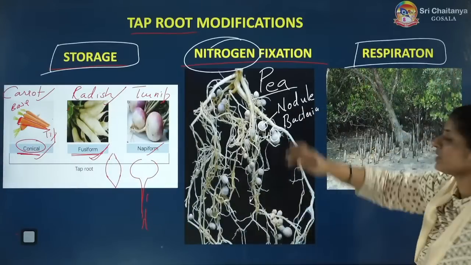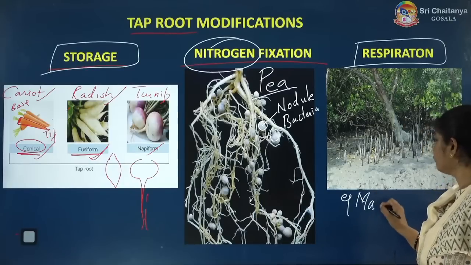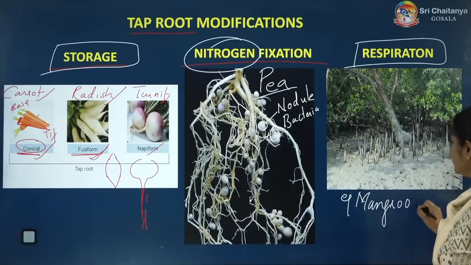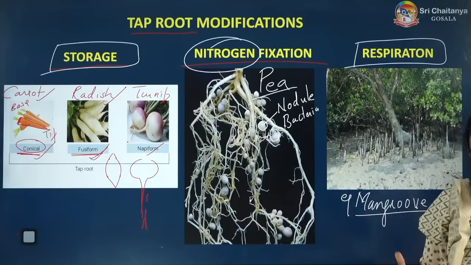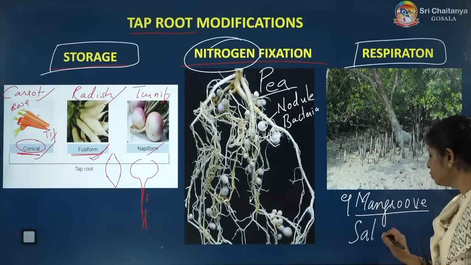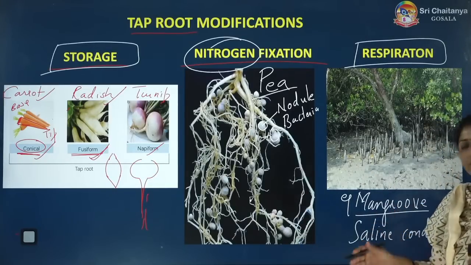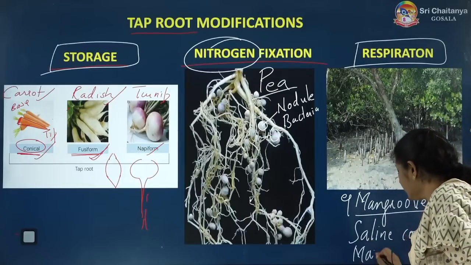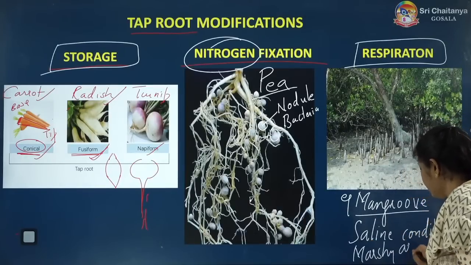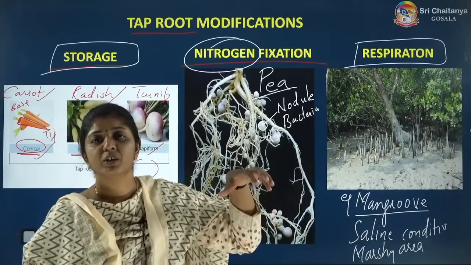Respiration, this is very interesting. In respiration, the example is mangrove. Mangrove is a type of plant which grows in salty or saline conditions, right? Outside there, the muddy region is more, marshy areas, which do not have sufficient oxygen in the soil.